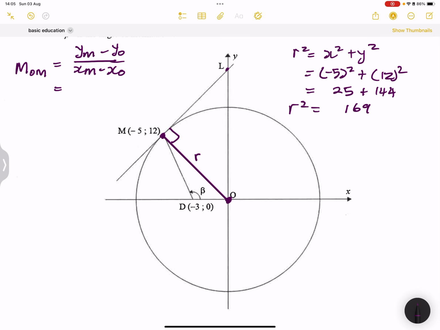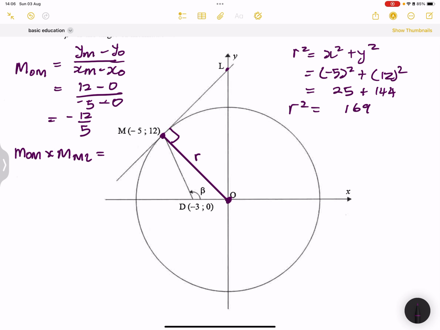So that's going to be 12 minus 0 divided by -5 minus 0, which gives us -12 over 5. Now that's the gradient of that line OM. What does that mean? It means that the gradient of OM multiplied by the gradient of ML should be equal to -1.